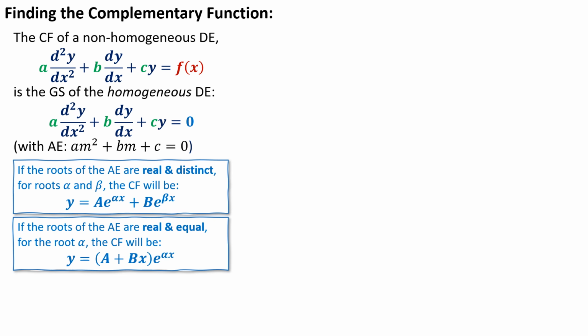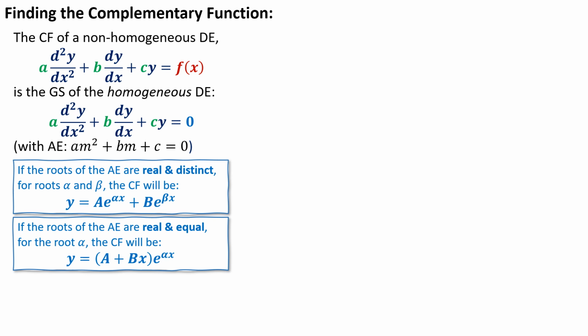So x e to the alpha x is also going to be a valid solution in that particular case. And that means that you can just add those things together. And because e to the alpha x is a factor of both, it's often written like this. So we get our two independent arbitrary constants in the form of something linear that goes in front of e to the alpha x.